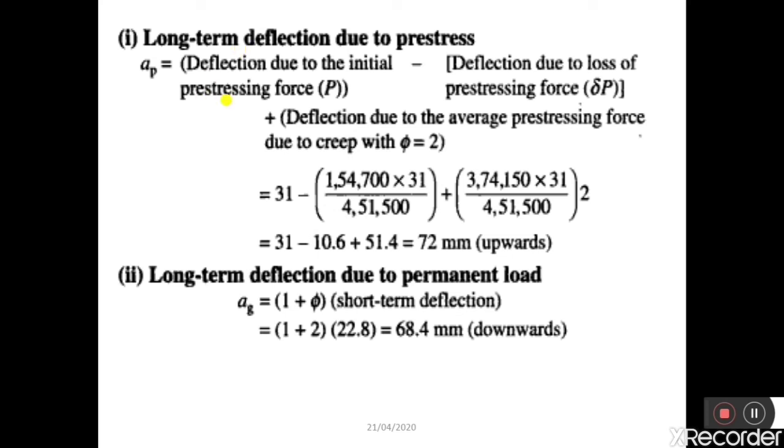In the first part I have considered only deflection due to prestress, and in the second part I have considered deflection due to permanent load, that is due to self weight. So the long-term deflection due to prestress is the deflection due to initial prestressing force, minus deflection due to loss of prestressing force, plus deflection due to average prestressing force with creep coefficient phi equal to 2. The creep coefficient is given as 2.